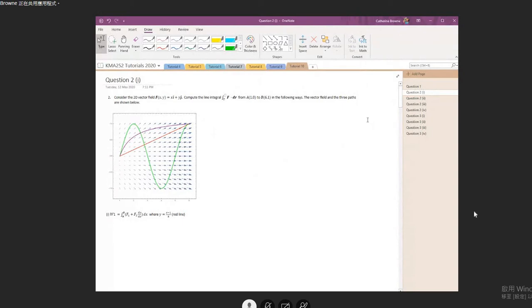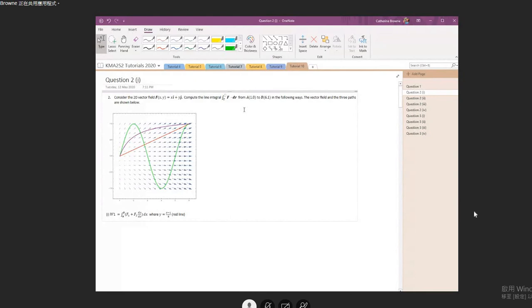So we've got this 2D vector field given by these blue arrows here. My x is sort of going from 1 to 6. My y is -1 to 1. And my vector field is given by xi plus yj. And I'm going to compute these line integrals.